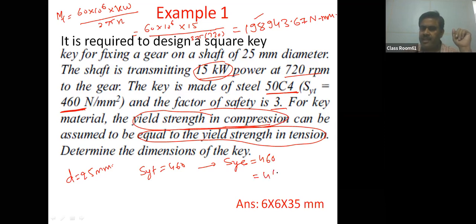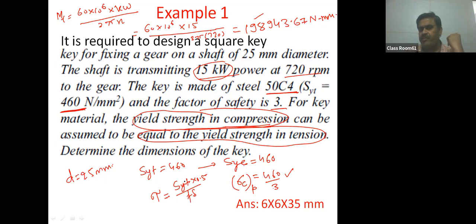When you divide this 460 by 3, you will have the permissible compressive stress for the key material. So it is 460 by 3. It is the permissible compressive stress. And the permissible shear stress is given by S_YT divided by factor of safety and multiplied by 0.5.